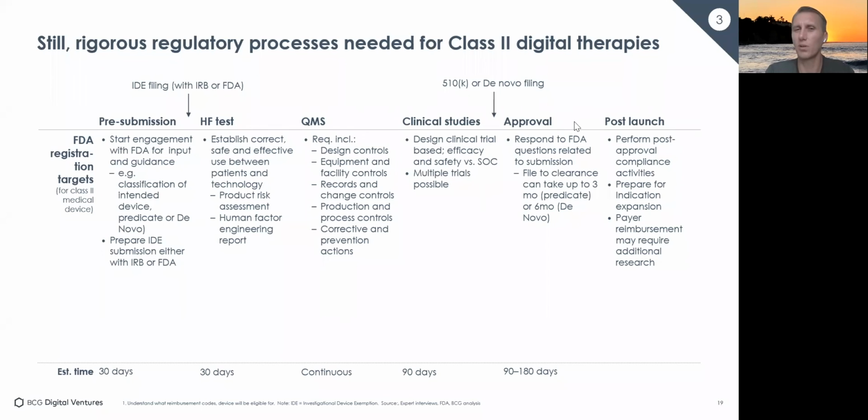You have to do this under quality management systems, which involve a lot of controls and documentation. And of course, you do need to run a clinical trial, and you have to do the filings. So none of this changes, and there is a high bar to get all of these regulatory requirements done. But in many ways, this can be a competitive differentiator for those that do a good job and can do it very efficiently.